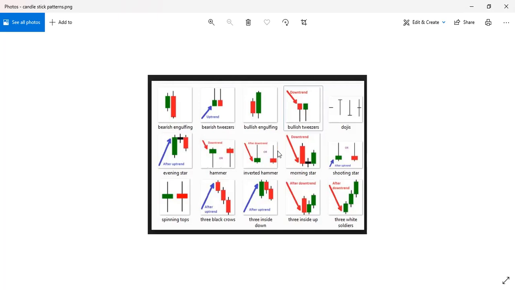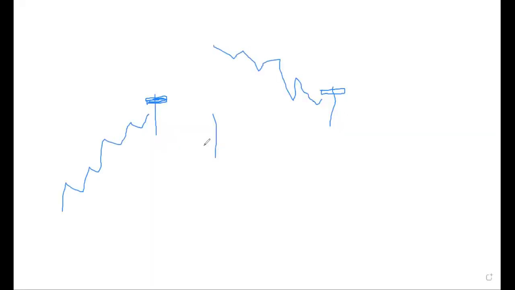When it is reversed, we have what we call shooting star and inverted hammer. Let me show you how shooting star and inverted hammer look. If you see something like this, and it is black, it is called a shooting star.